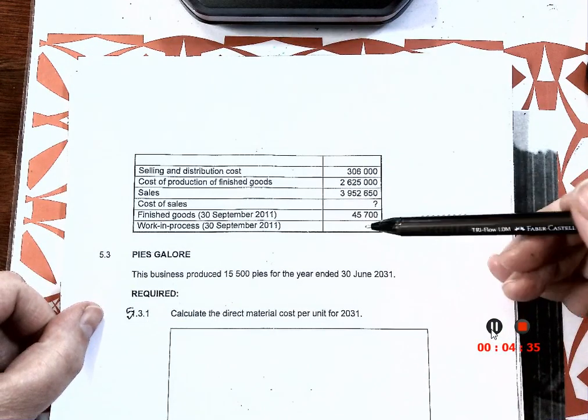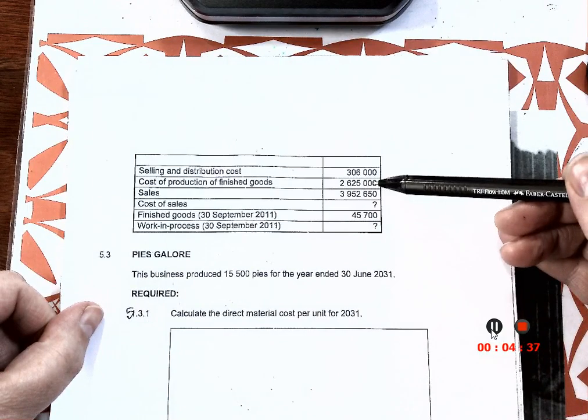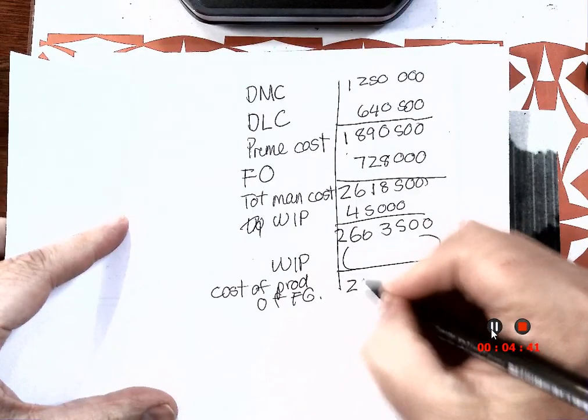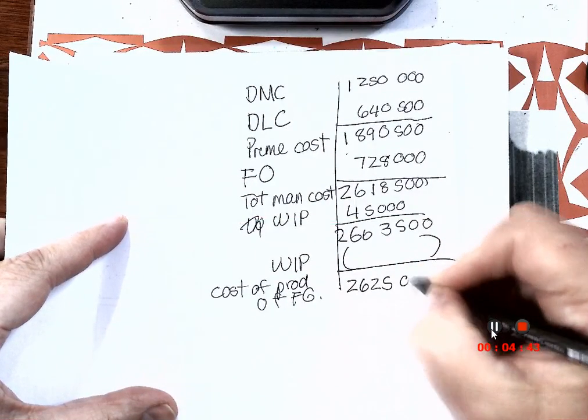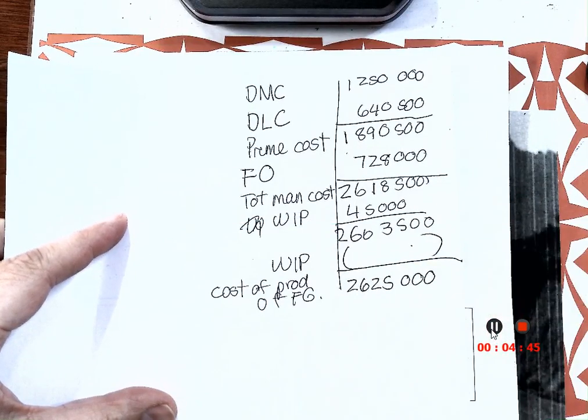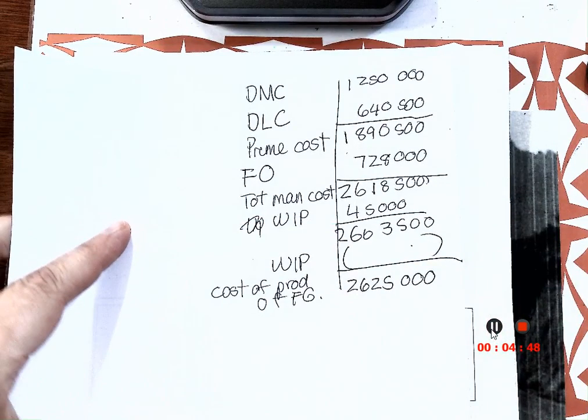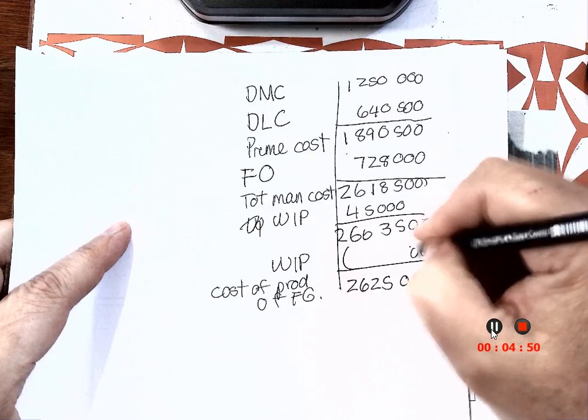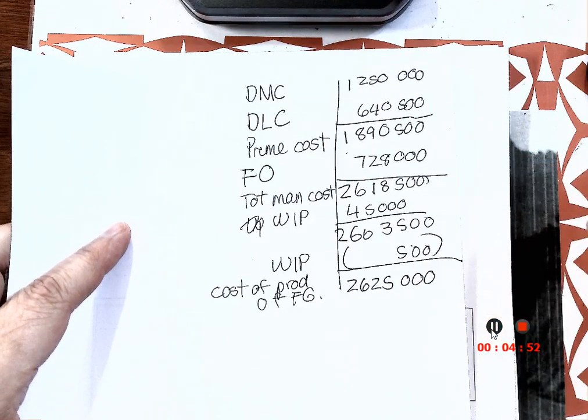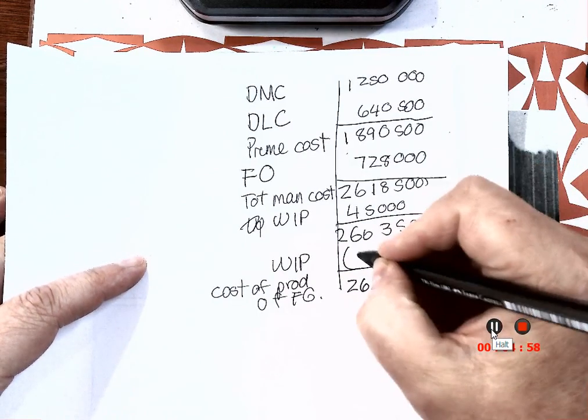No, but they give me a cost of production of finished goods, 2625. So I reverse to get the closing, which would be something 500. Anybody? Okay, what is it? 38,500.